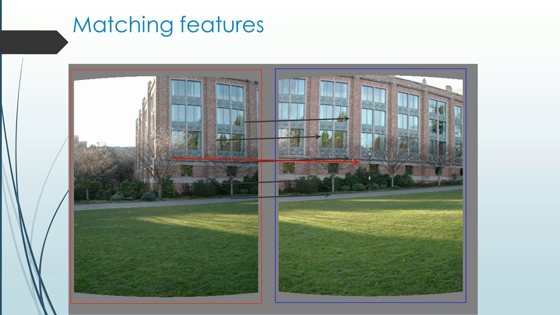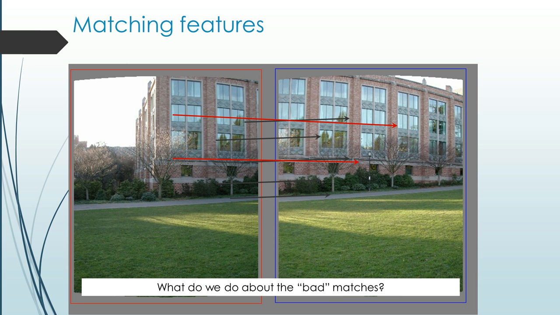But sometimes we have some errors. These are marked with the red arrows, and these errors are sometimes difficult to find. But the way to find them is by using the following approach. So in this case, the problem is, how do we find the bad matches, right?